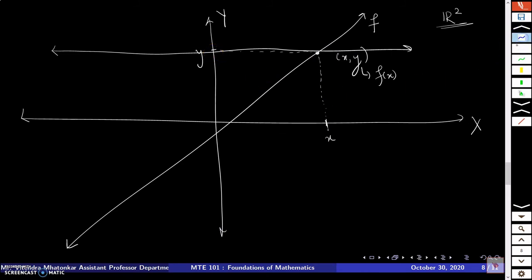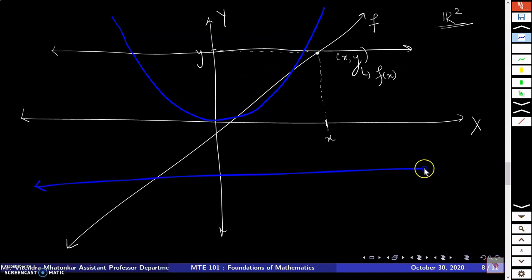But if I take a function of this type, let's say the function x square, more or less like this, then this function is not onto from R to R, because I can find a horizontal line here which is not touching the graph of that function anywhere. Right? Can you see this? So this function which I've drawn in blue now is not onto, and you can see that I'm able to find a horizontal line which is not touching the graph of the function at any point.